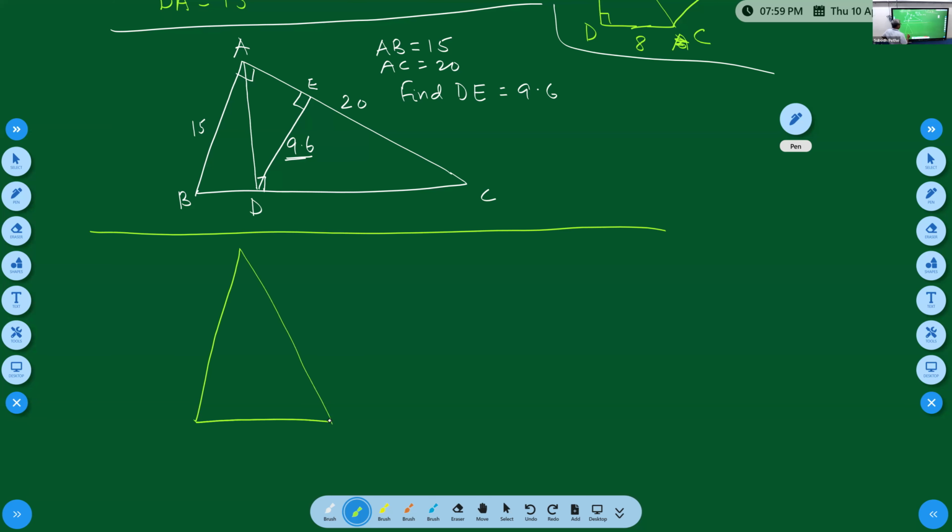Next problem. ABC is isosceles. AB is equal to AC.